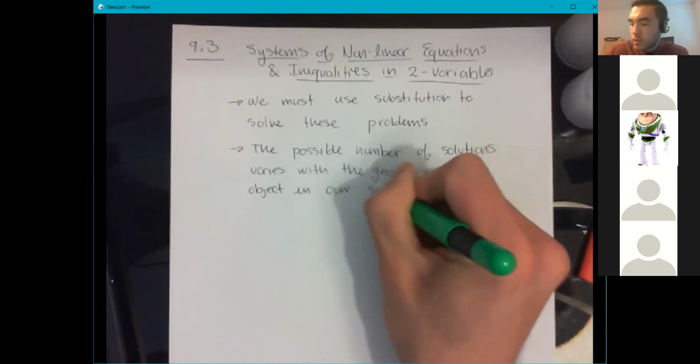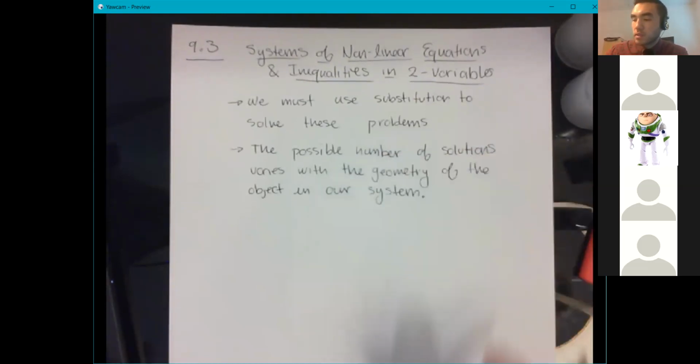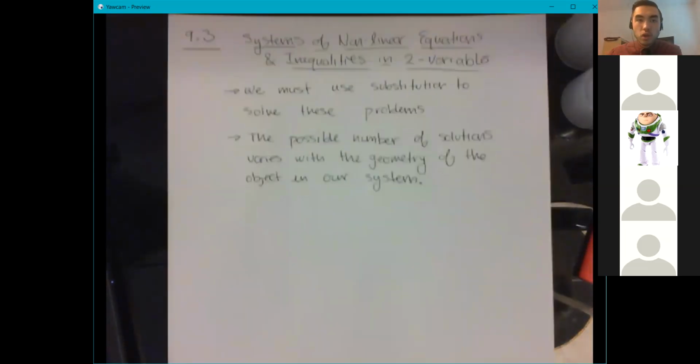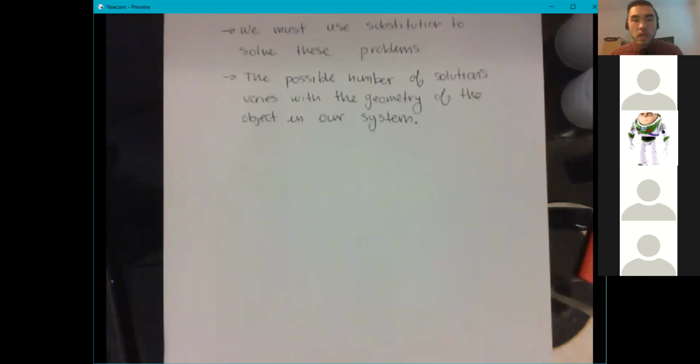Once we start introducing nonlinear elements, we have a lot more possibilities than just one solution, no solution, or infinite solutions. It all just depends on the type of objects within our system itself.